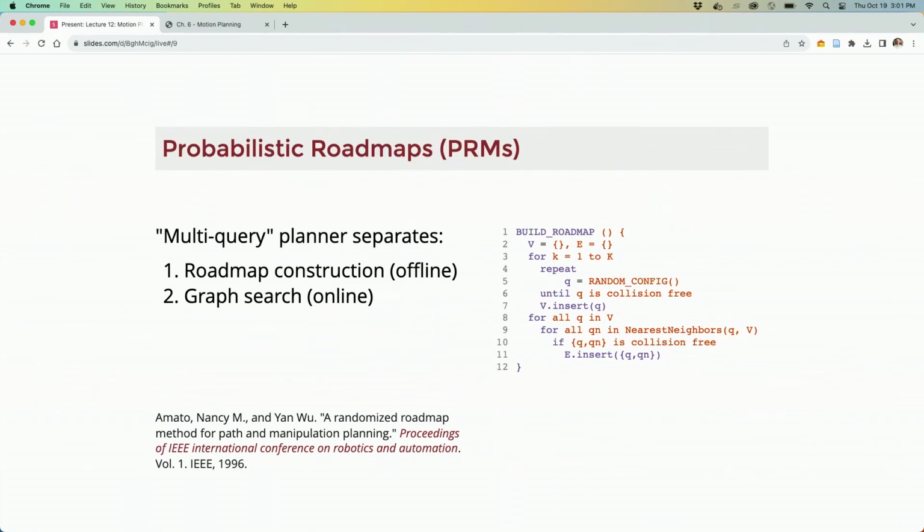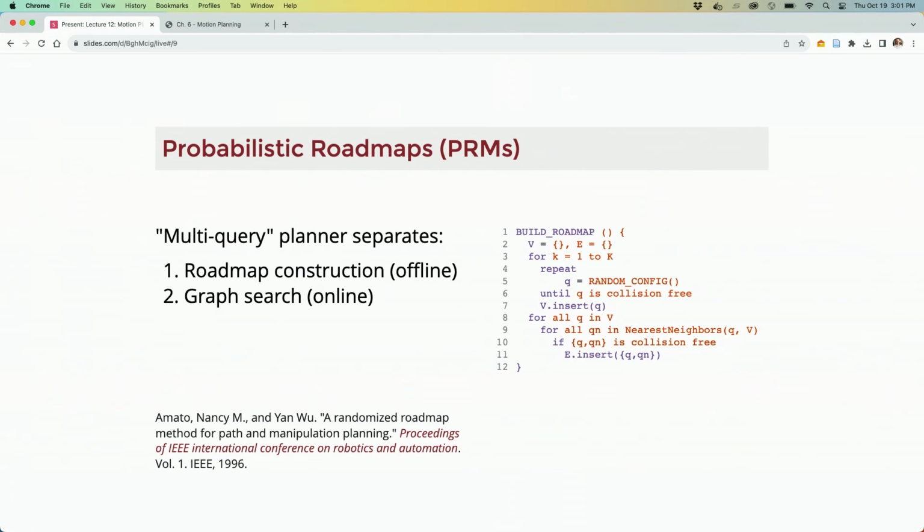Okay, so the other version, already alluded to here, is particularly useful. So when would you want to think about a graph and maybe just sample a lot of times beforehand? In applications, you might want to do that if you're going to solve many motion planning problems in the same environment.